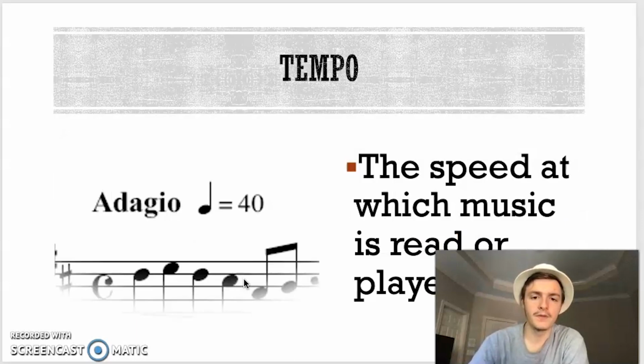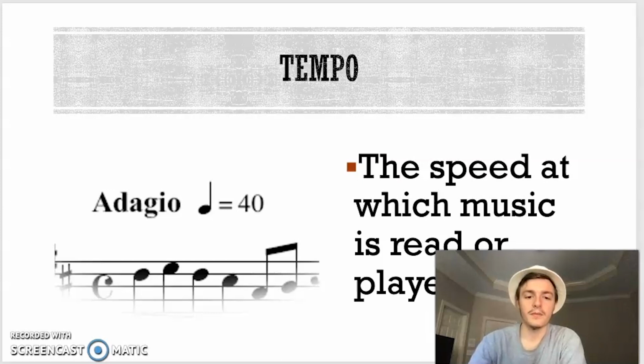Alright, let's talk about tempo. So tempo is talking about the speed at which music is played. And right here you can see there's a tempo marking at 40 beats per minute, Adagio meaning slower tempo. So if we're talking about tempo, we're talking about the pulse, the beat at which a piece of music is played.